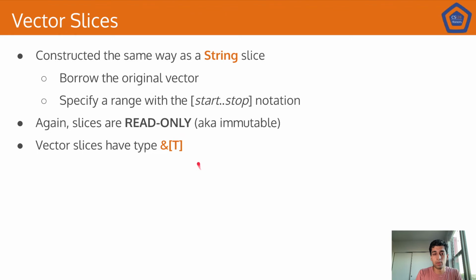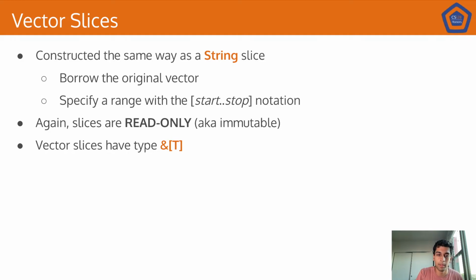And you might notice if you type this in an editor, vector slices have type ampersand and then an array of T. So this is similar to ampersand str. You have your ampersand at the beginning, but vectors are in essence an array, and then they contain data of type T. This is known as a generic. You might come across these in C++, in Java.